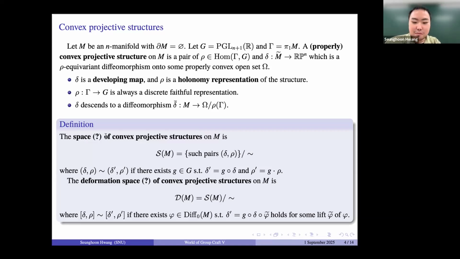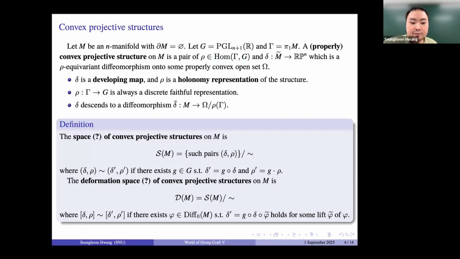So the space of convex projective structures on M is the set of such pairs, delta comma rho, quotiented by an equivalence relation where two such pairs are equivalent if there exists an element small g in the group G that relates the pairs in this way. Here, the dot means conjugation by G in the homomorphism representation variety.